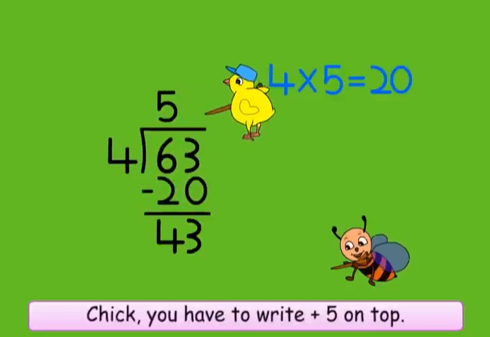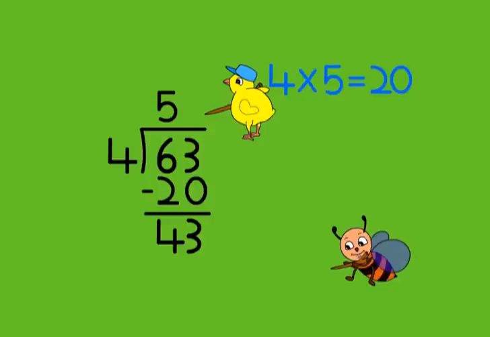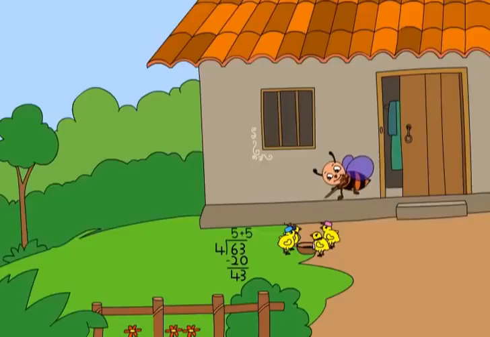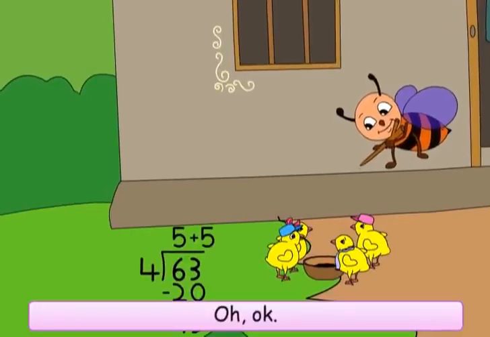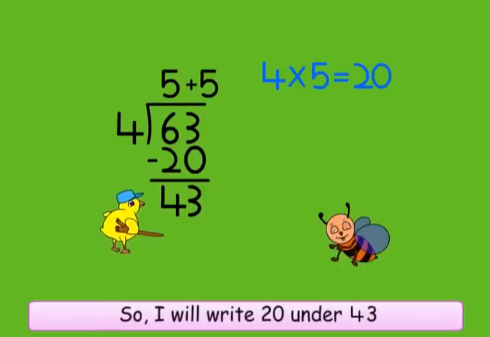Chick, you have to write plus 5 on top. Oh, okay. So I will write 20 under 43.